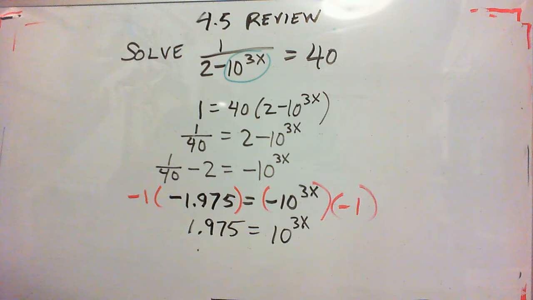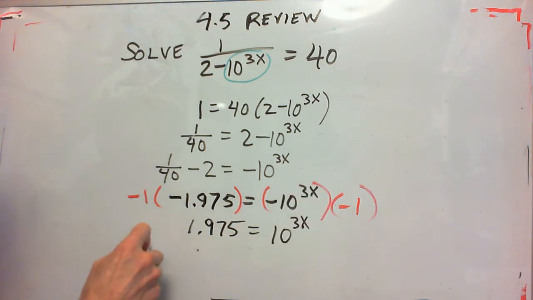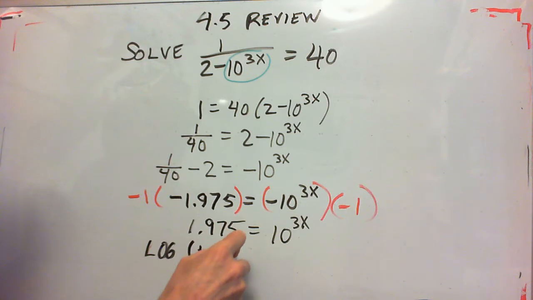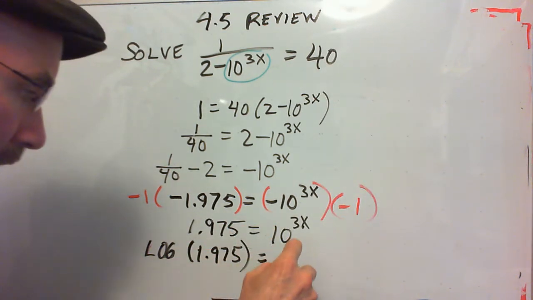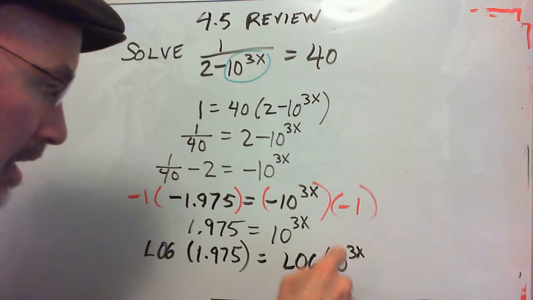Okay, now at this point, and this is what you should get, you can solve by taking logs of both sides. In this case, I would use the base 10 log because it's a base 10 exponential. So base 10 log, which is just log with no base, log of 1.975 equals log of 10 to the 3x.